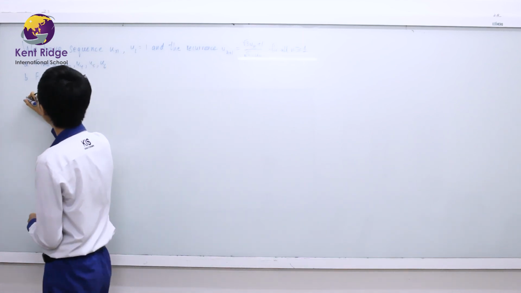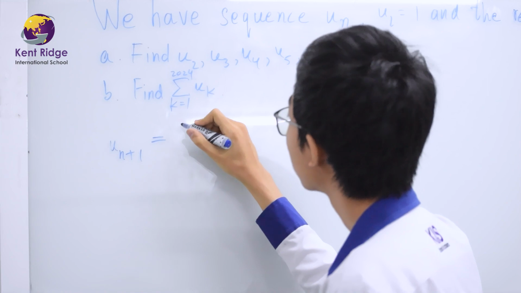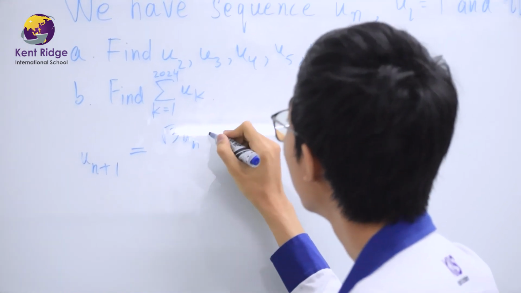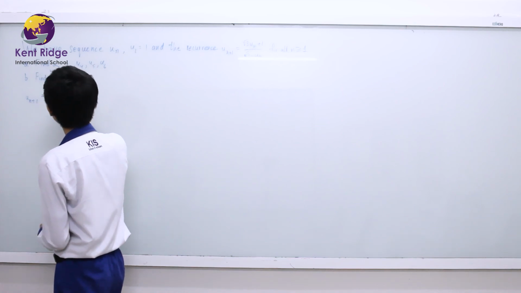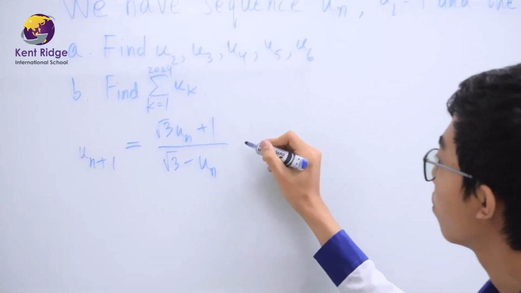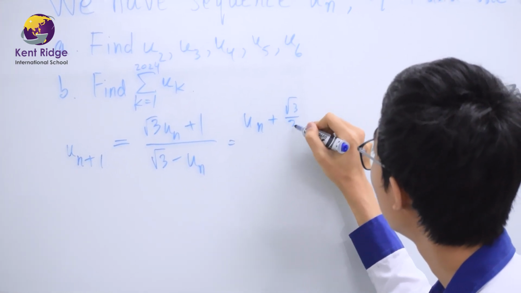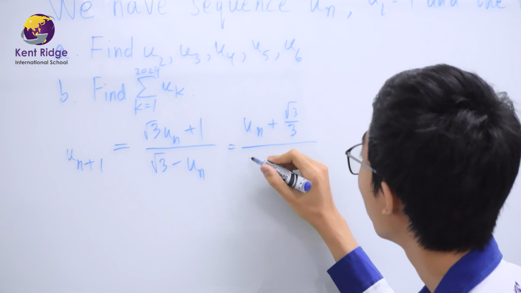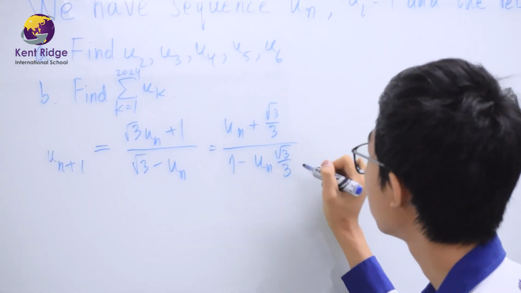So we have u_(n+1) equals square root of 3 u_n plus 1 over this. Now let's just factor out square root 3, to see what we can find, just for the sake of doing it. And then we have this.